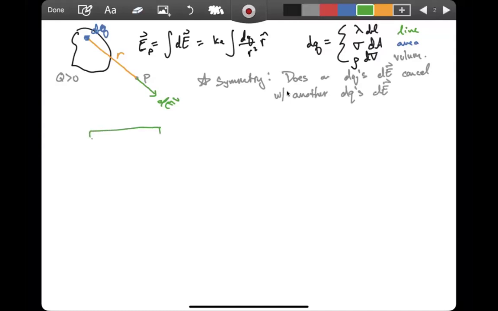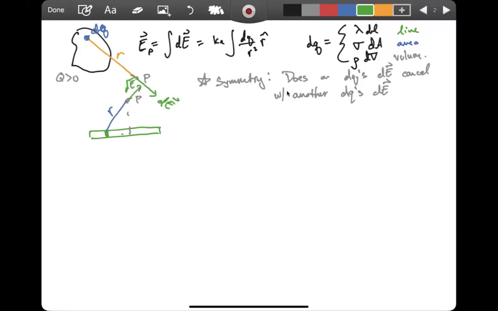For example, if I was looking at a line of charge, and above the midpoint we had our point of interest P. When we chose our little dq on this side, this gave us r here, and our electric field pointed in this direction. So this is my differential electric field.